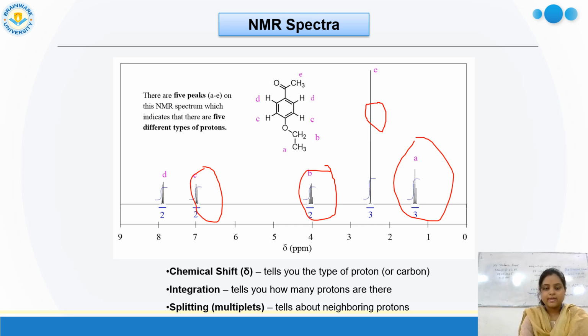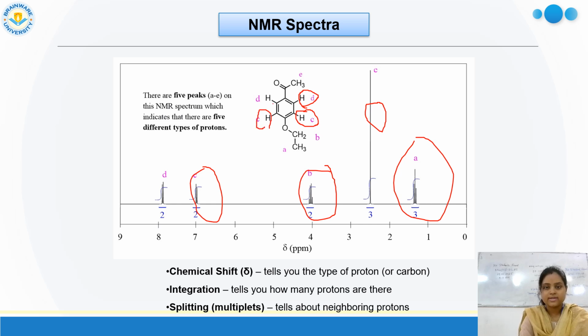So this is the splitting, and it tells about the neighboring protons. Suppose we are talking about Hc.